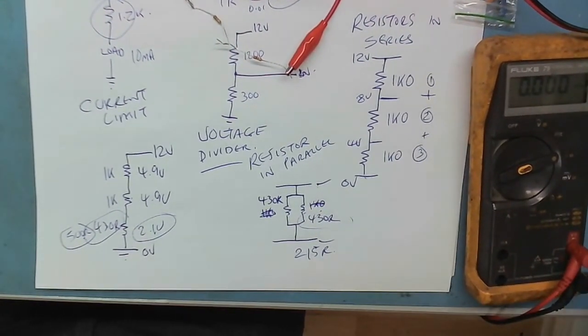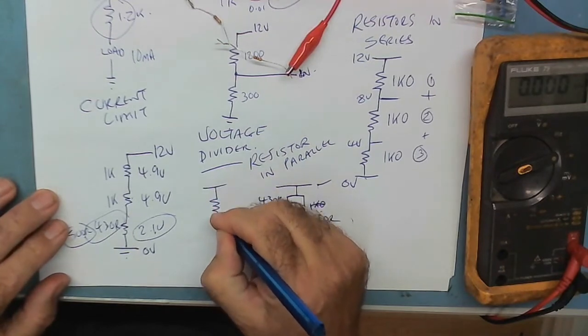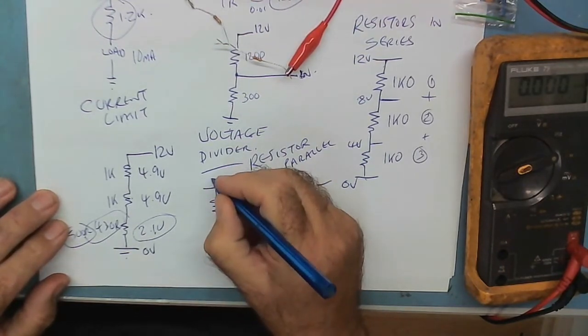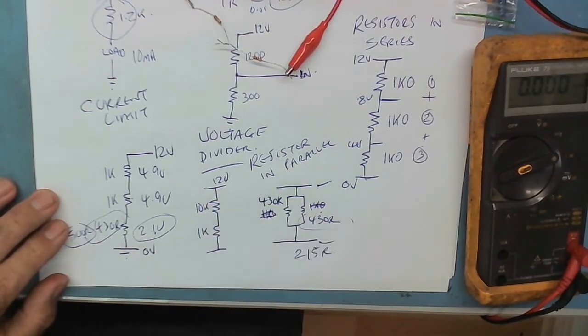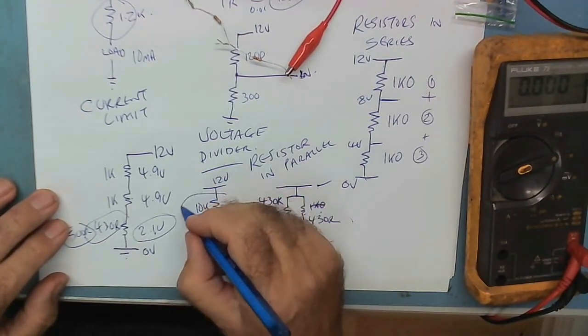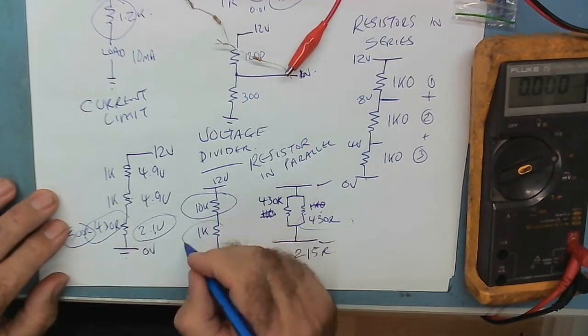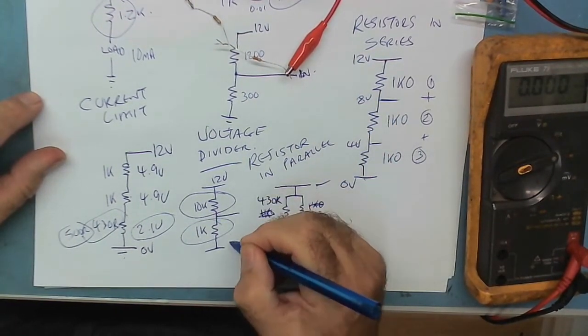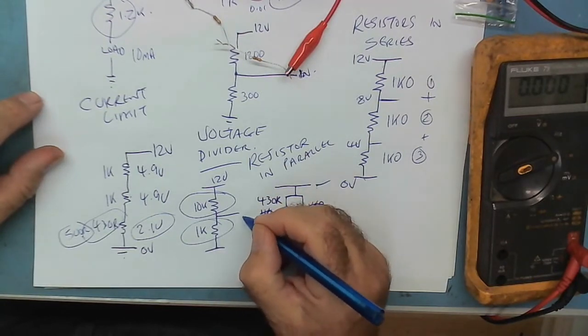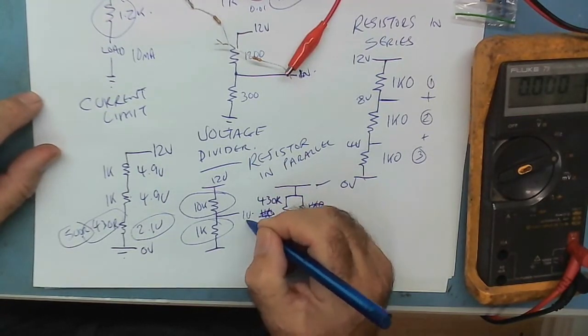And you can see yourself, if you see a circuit something like this, 12 volts, 10k, 1k, you can tell straight away there's going to be about 10 times as much voltage across that one as there is across that one, so it's 10 times as big. And that's probably good enough. So you can say, well, if there's one here, it's going to be a bit more than one.